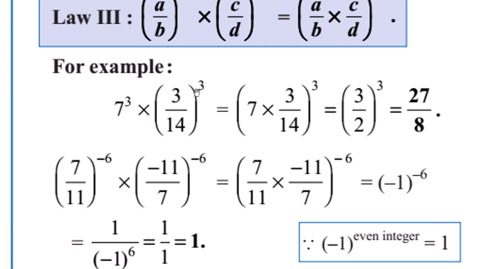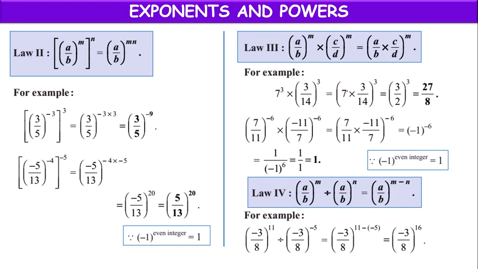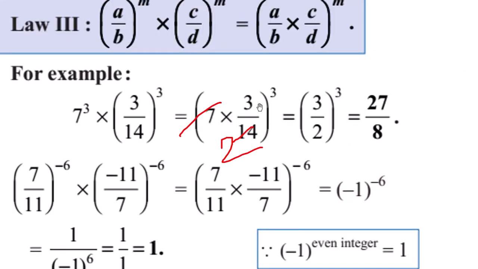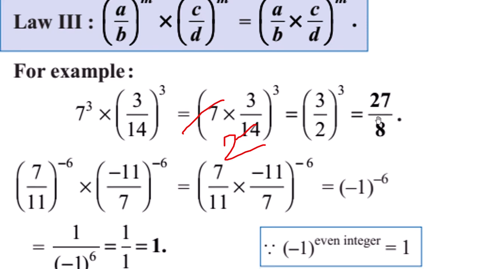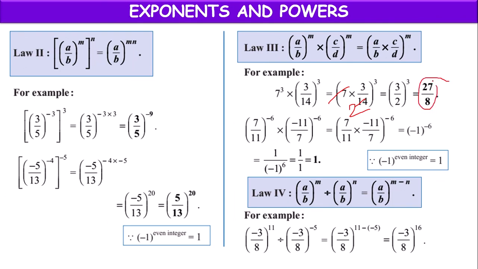Instead of two times, we will write only one time, 7 into 3 by 14. After cancellation, we will have (3/2) whole cube, which means 3 cube by 2 cube. 3 cube value is 27, 2 cube value is 8. So 27 by 8 is the correct answer.